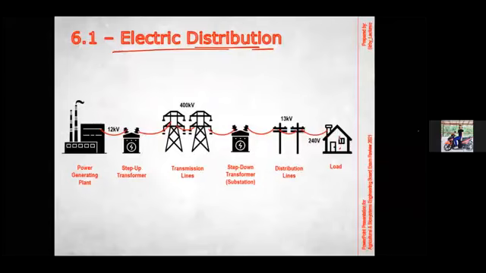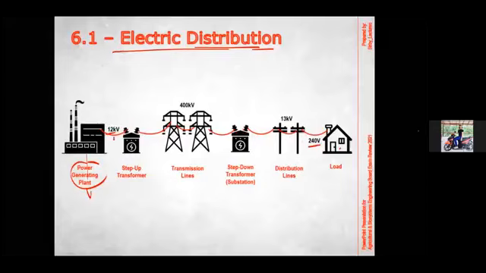That power is transmitted from the power generating plants, such as a coal power plant or hydroelectric power plant, or any generating plant that produces electrical power. In these plants, it is produced at a high value of voltage, 12 kV, so around 12,000 volts. But right here we only have 240 volts. So how did that happen?